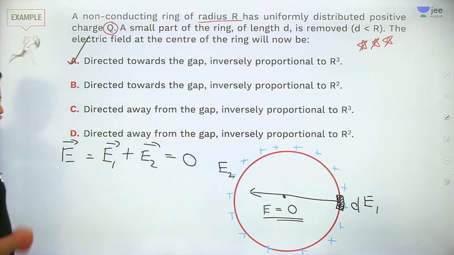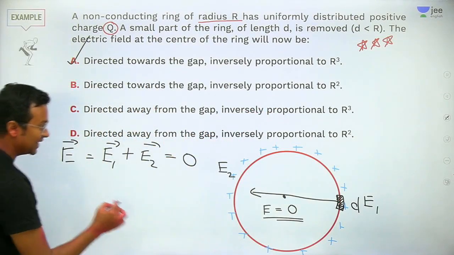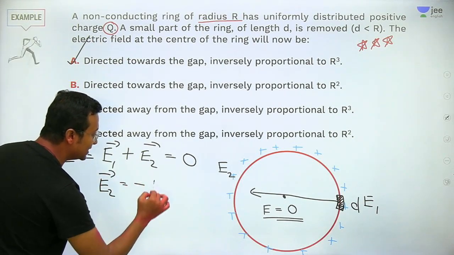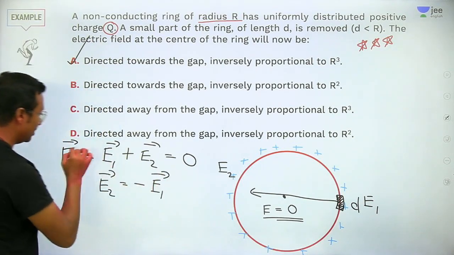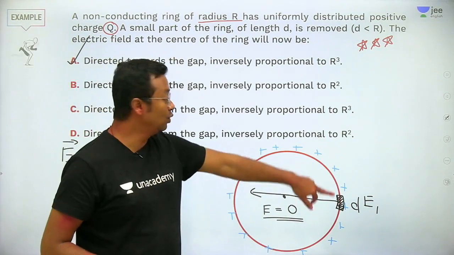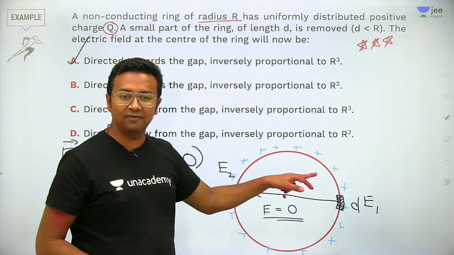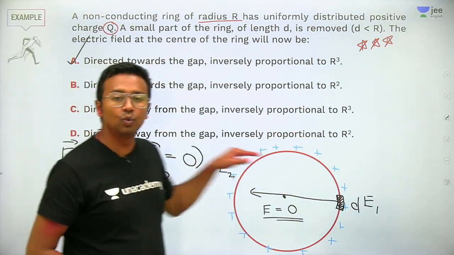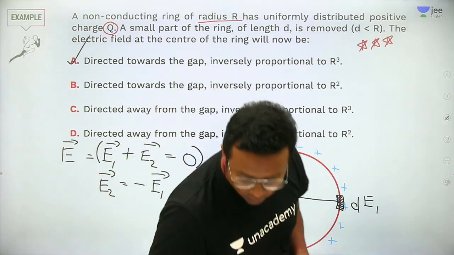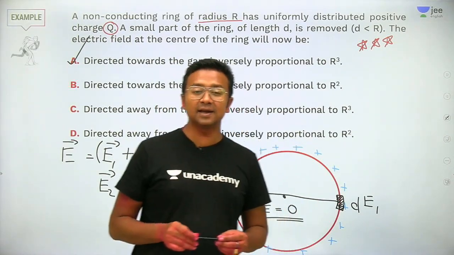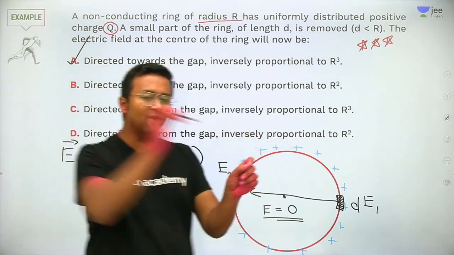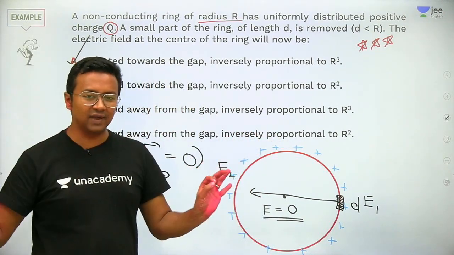So can I say my E2 vector will be equal to minus E1 vector? Yes, I can say it. That means due to the rest of the ring, the electric field will be directed towards the gap. This is very clear because a lot of you have also said option B is the correct answer, so you understood that it should be towards the gap, not away from the gap.